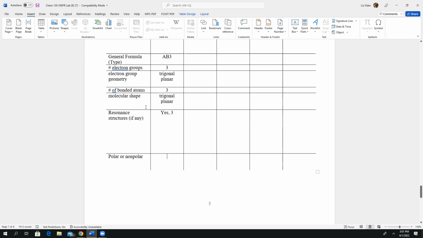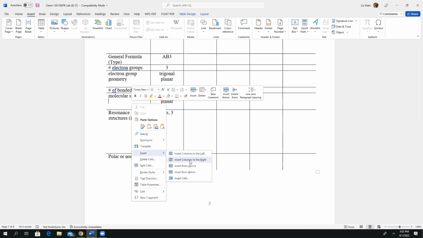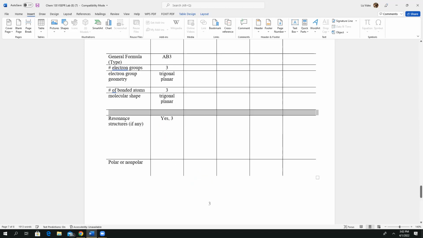Oops, you know what? I need to add one more thing on here. Here we go. See, I always forget to insert these things. Insert here. I need another column because we need to put the bond angle. And in this case it is 120, right?